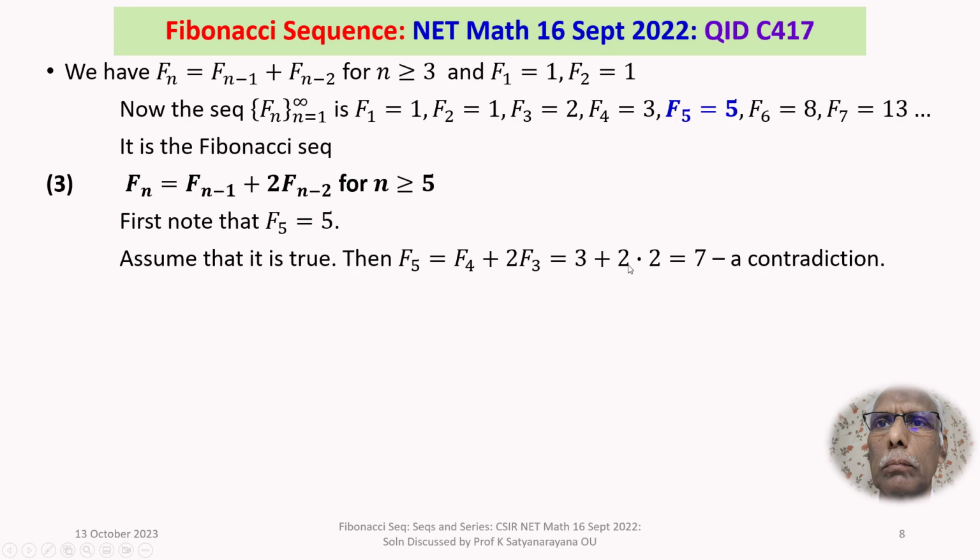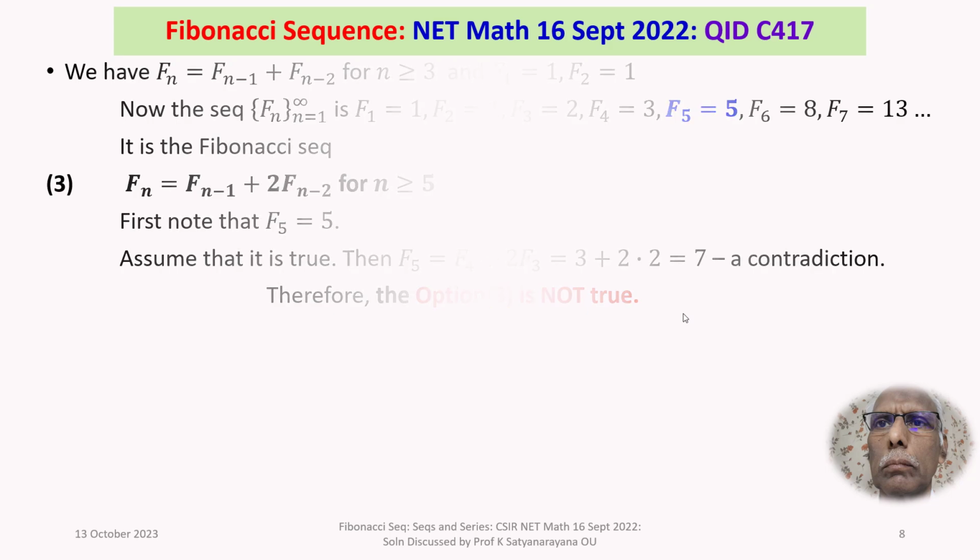So 3 plus 2 into 2, 3 plus 4, 7, a contradiction. Why? f5 is 5. But if you say option 3 is true, then f5 will be 7, a contradiction. Therefore, option 3 is not true. We continue in the next slide.